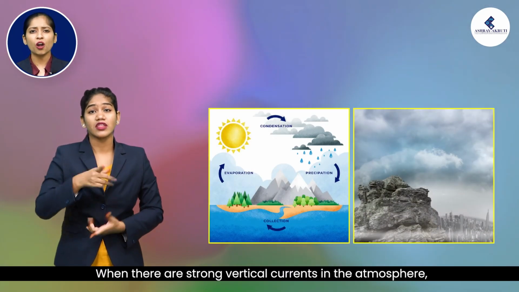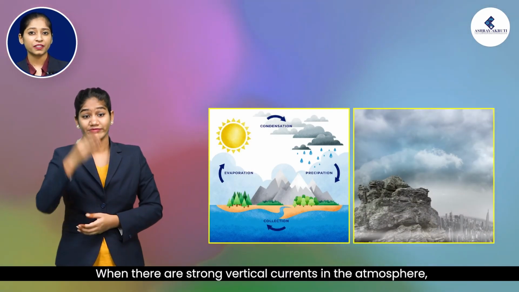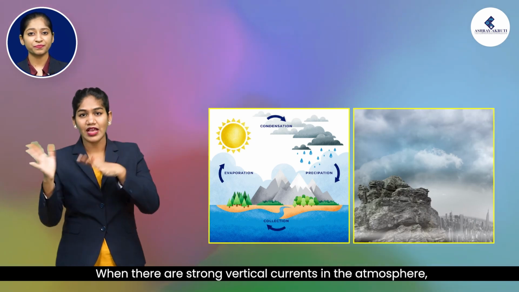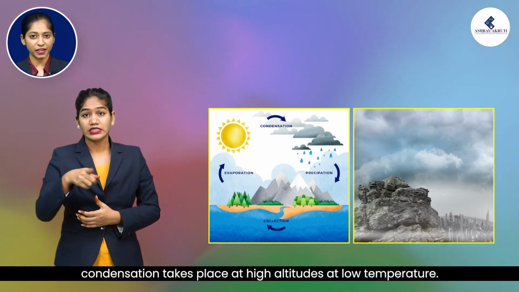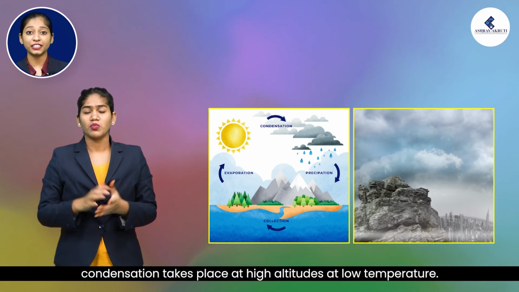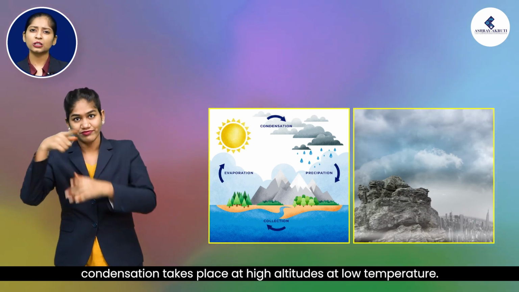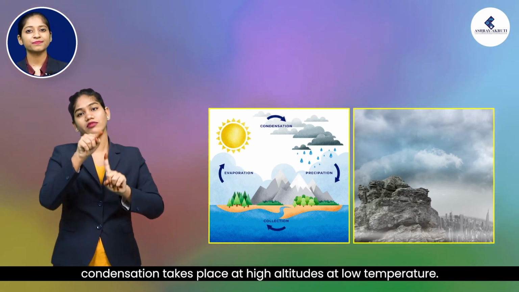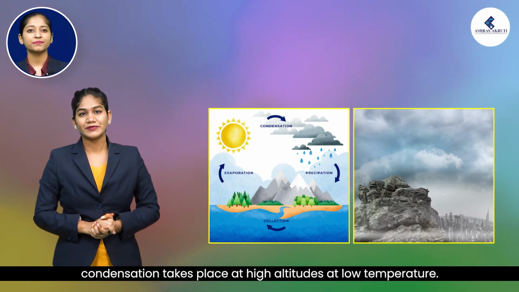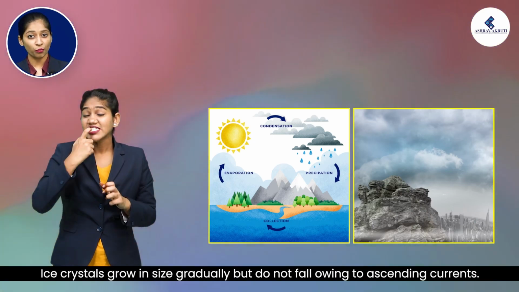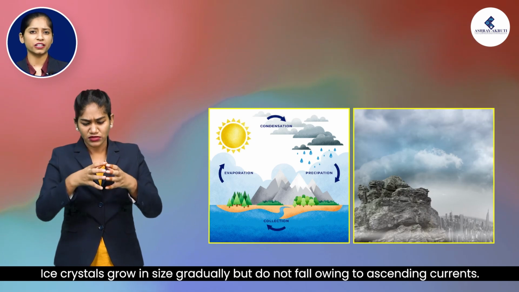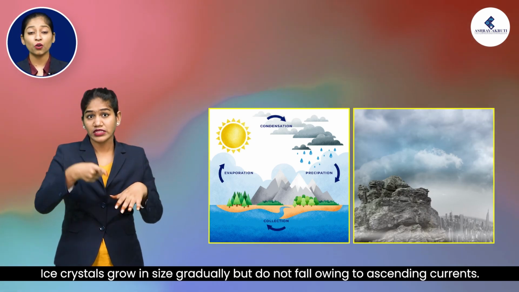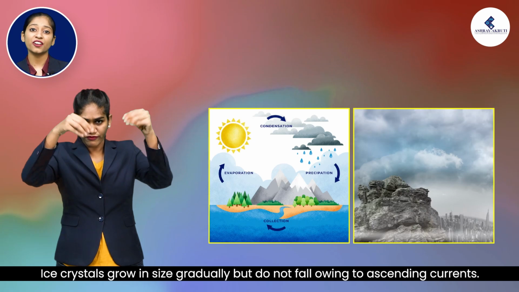When there are strong vertical currents in the atmosphere, condensation takes place at high altitudes at low temperature. Ice crystals grow in size gradually but do not fall owing to ascending currents.